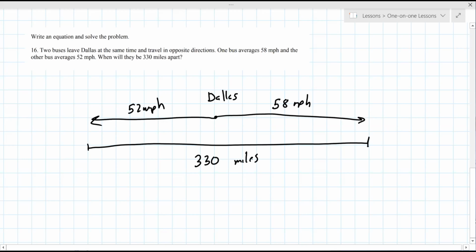Is this picture something you made, or is it familiar to you? Okay, so distance is equal to rate times time, but there are really two scenarios here: the bus on the right and the bus on the left. Distance 1 is equal to 52 times t, since we don't know how long they've been driving. Distance 2 is 58 times t, because they leave at the same time.